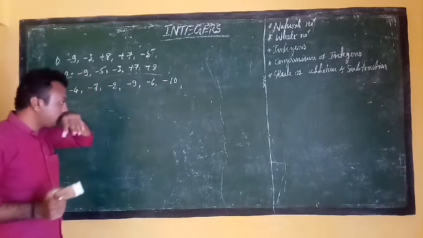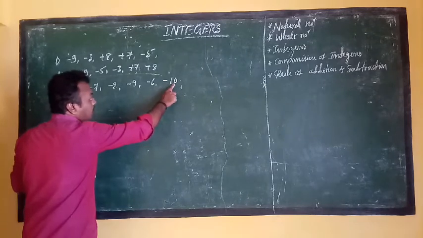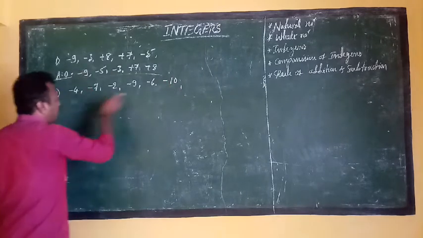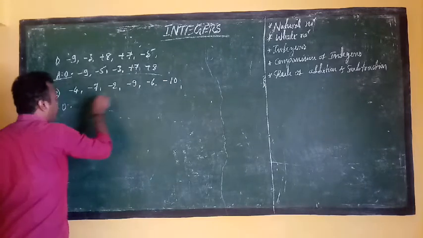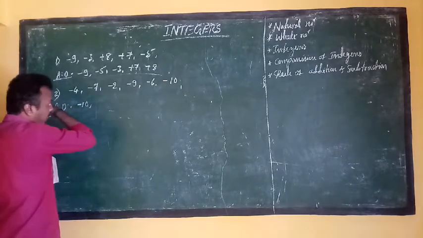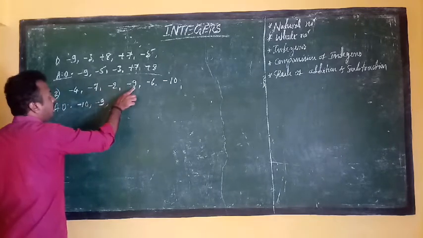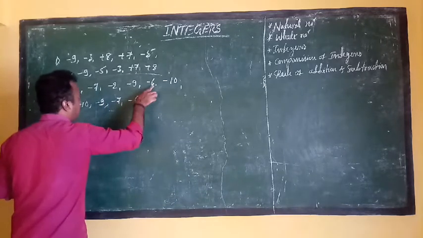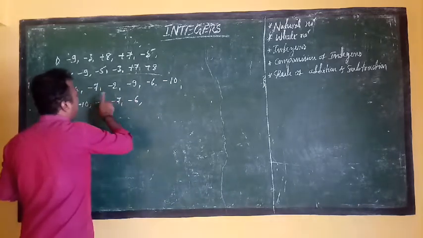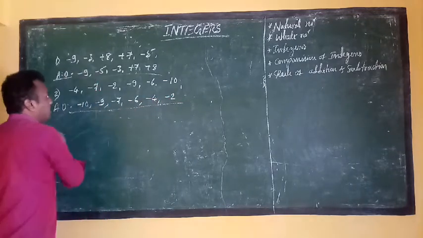What is the highest negativity here? -10 is the highest negativity, therefore this is the smallest value. If you write the ascending order, write the smaller first. So -10, then -9, then -7, then -6, then -4, then -2. So this is the ascending order.